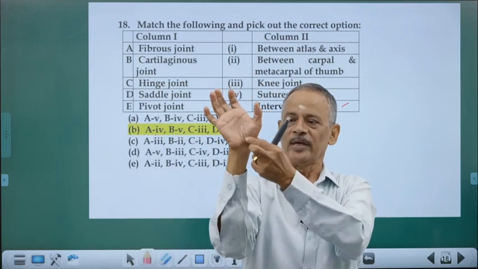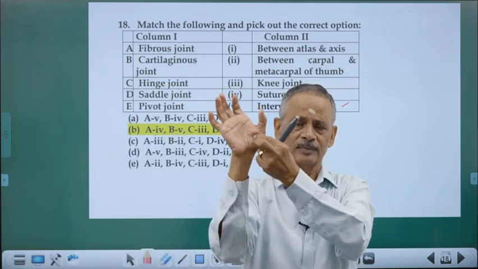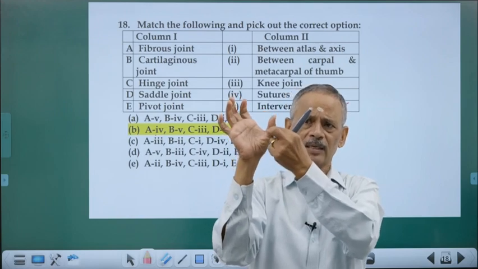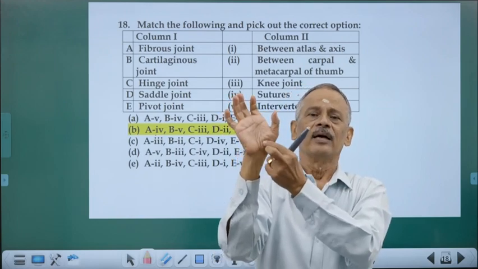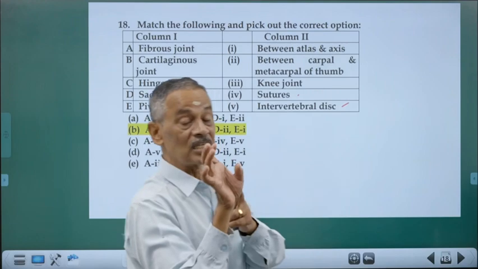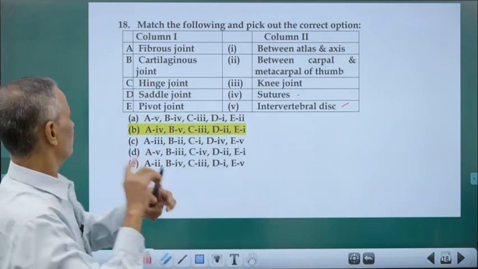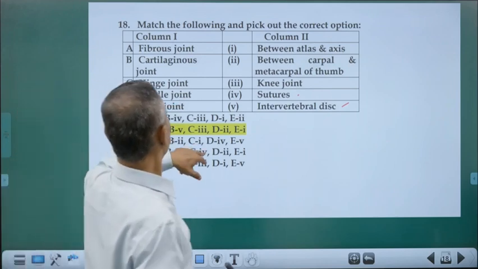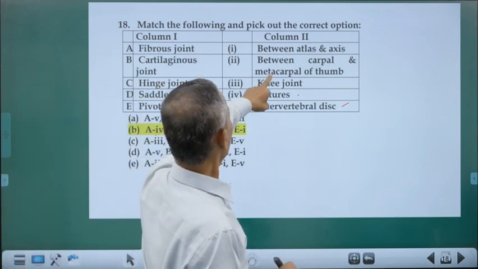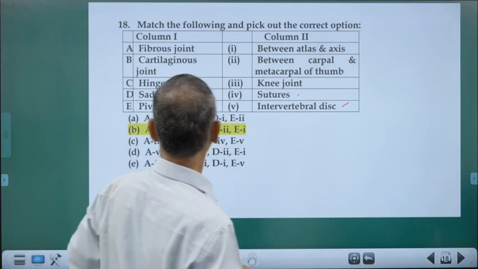The joint between the first digit and the first metacarpus. So saddle, it is between carpal and metacarpal of the thumb.